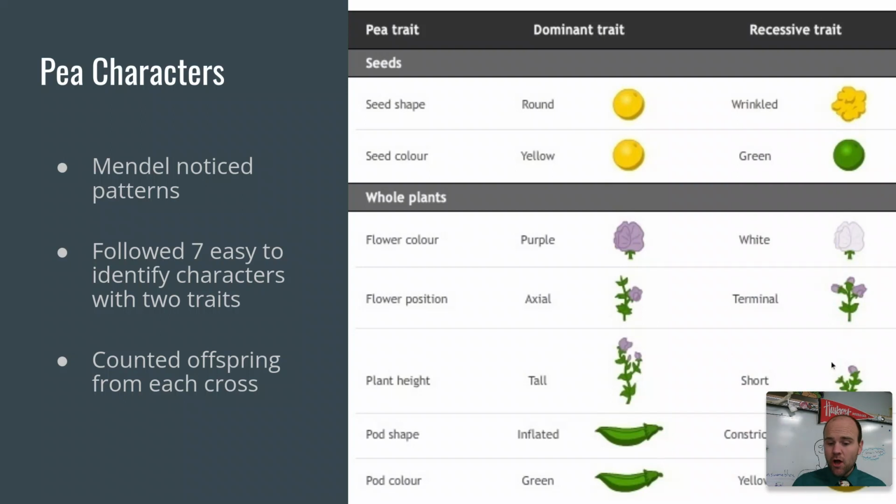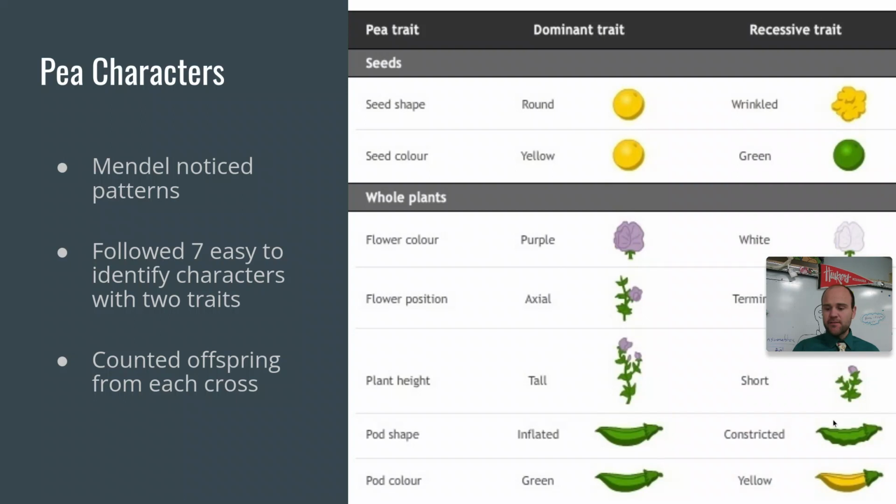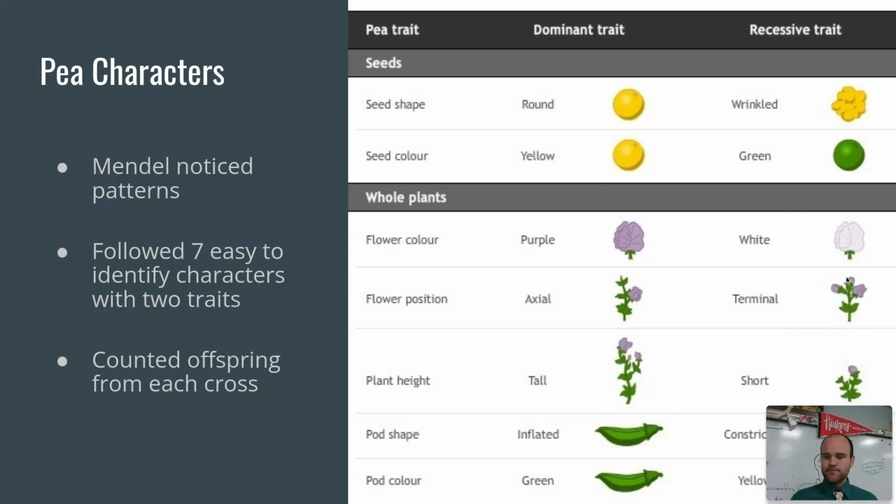Some plants were tall, some were short. Some pods were inflated versus constricted, and some pods were green versus yellow. After a while, he figured out that some of these were dominant and some of these were recessive. It may surprise you to see yellow being dominant considering we typically eat green peas when we go to the grocery store.